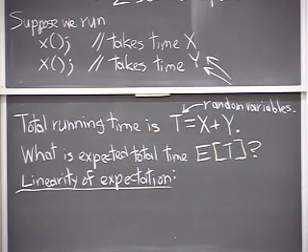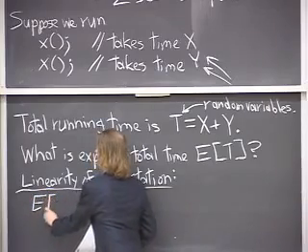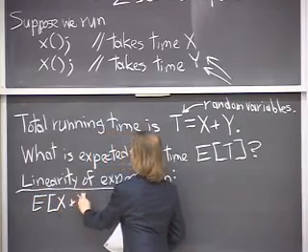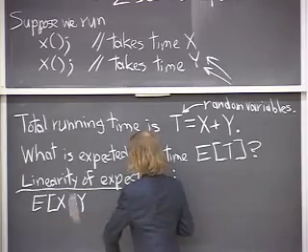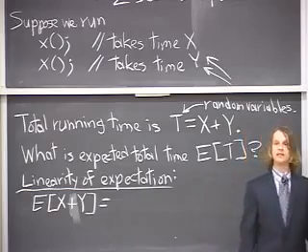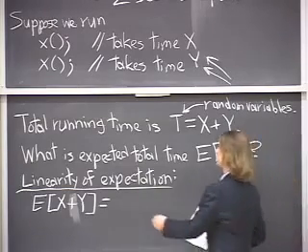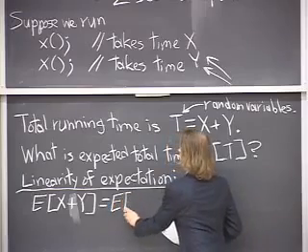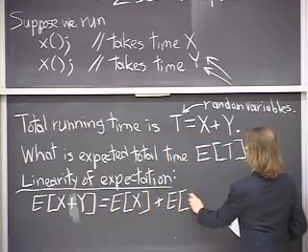Linearity of expectation is a polysyllabic way of saying something very simple, which is that if you want to know the expected value of a sum of random variables, the expected value of that is always equal to the sum of the expected values of each of the random variables. So you can break this out like this.